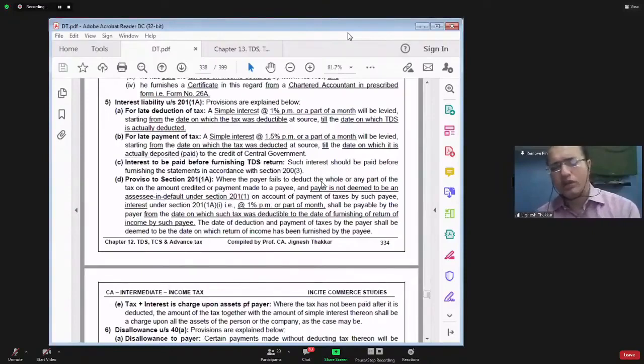Consequence number 2, the payer will be considered as assessee in default, as a consequence of which penalty will be levied on the payer. The amount of penalty will be decided by the income tax officer, but it should not exceed the amount of TDS.